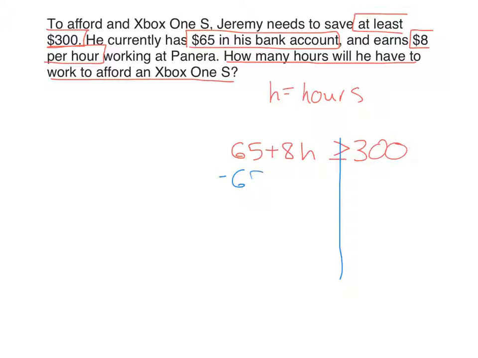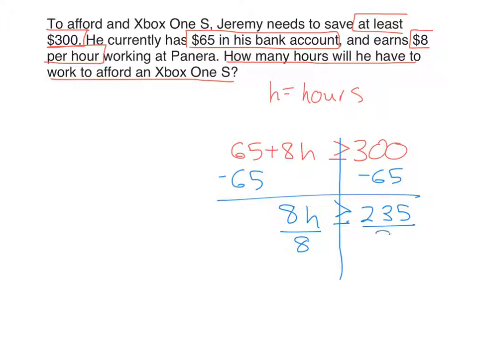We'll subtract 65 from both sides. That'll be 8h is greater than or equal to 235, and we will divide both sides by 8.